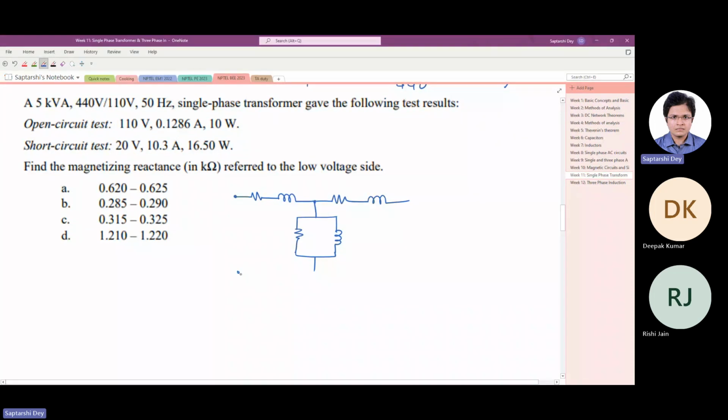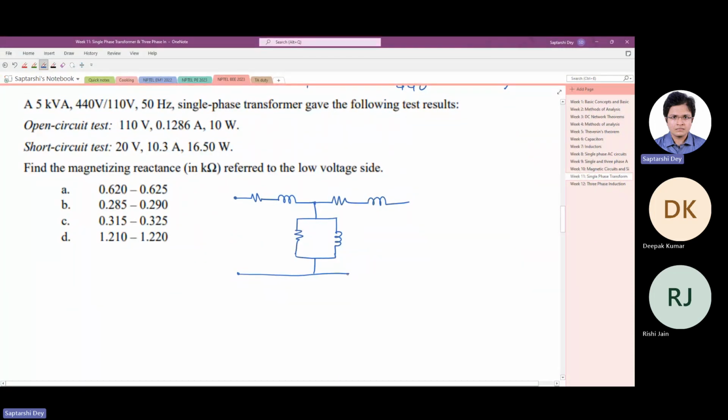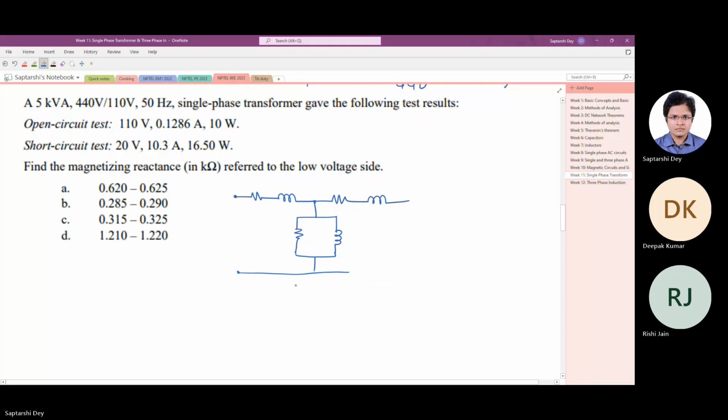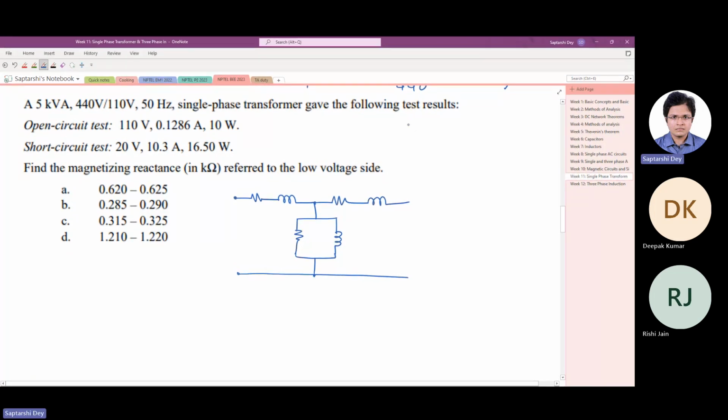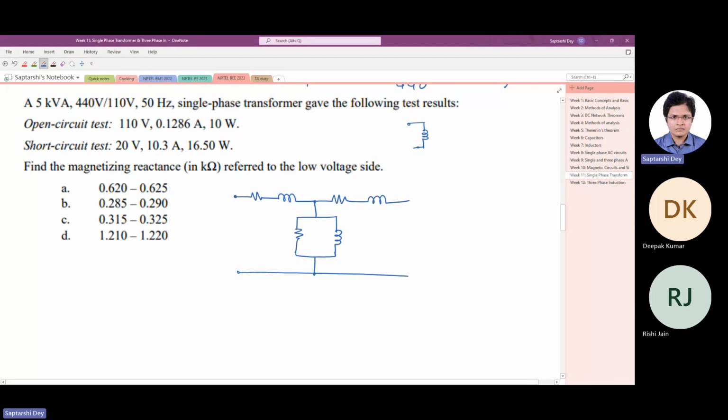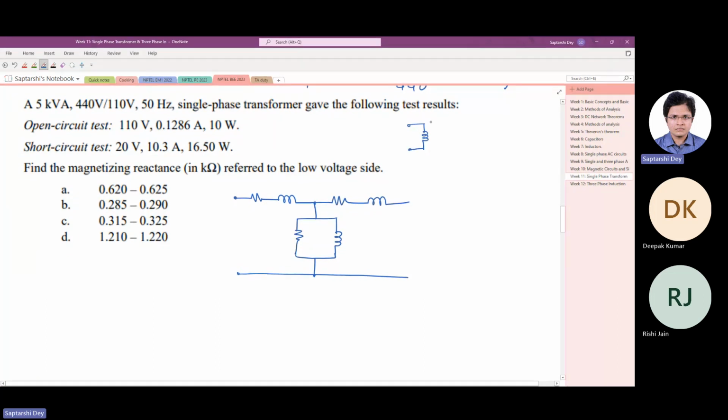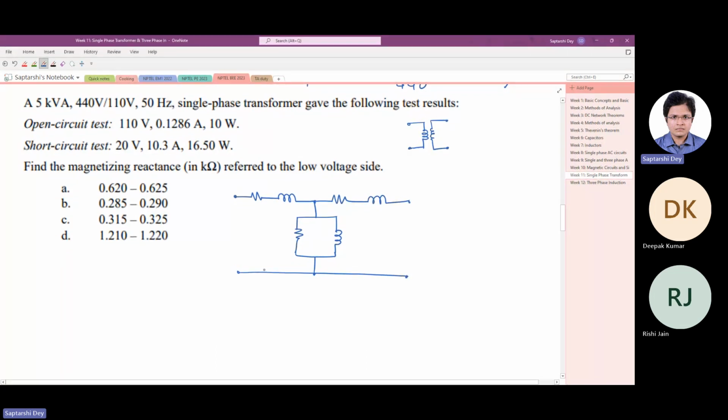Now, one thing I wanted to tell you is that in many books you will see that as the equivalent circuit of the transformer, they will draw only this, the non-ideal transformer. But they will just simply call this the equivalent circuit of the transformer.